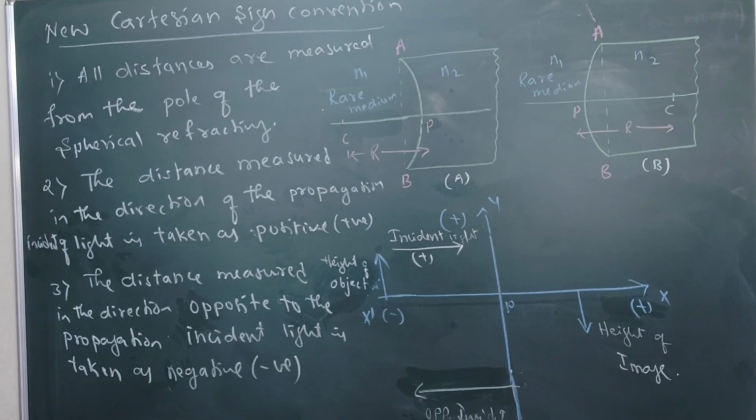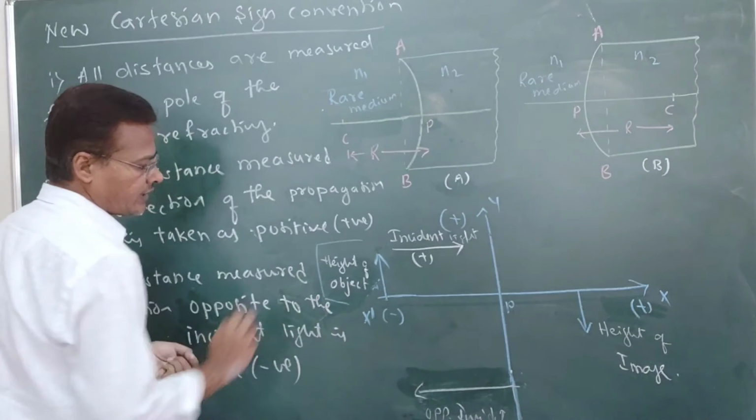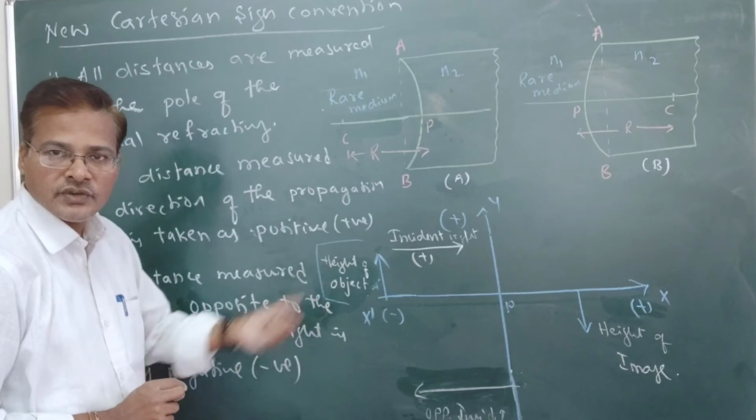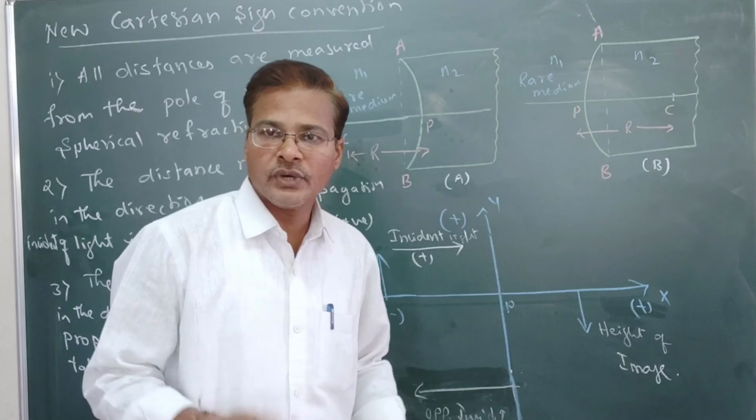Next, the fourth point says that the distances measured in the transverse direction above the principal axis are taken as positive. This one, the height of the object we have written here, is taken as positive, and this will be taken as negative.